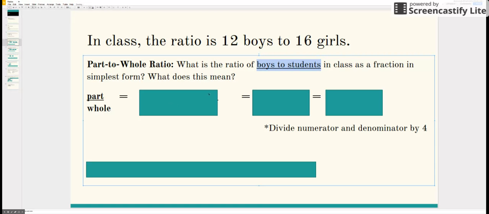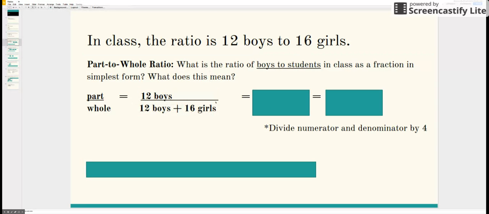So how many boys are there? 12. And how many students are there total? Well, 12 plus 16, that's what we would have to do. So if we have 12 boys, the top is just going to be 12 boys. And if we have 12 boys plus 16 girls, how many total students is that? 28 total students. So we have 12 boys to 28 students.